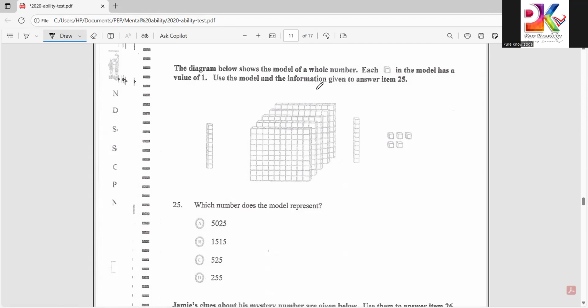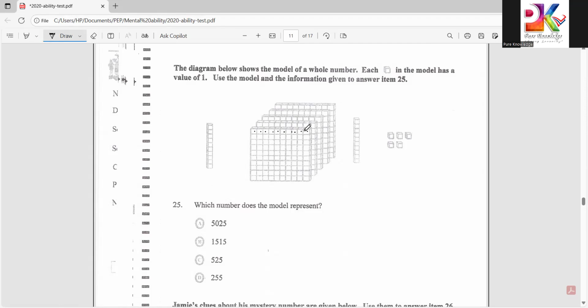But remember, guys, when things look complicated, we're just going to break it down. So it says all of this have 1. All right? So let's look. So we're going to say this is 1. Everybody has a 1. So we say 1, 2, 3, 4, 5, 6, 7, 8, 9, 10.